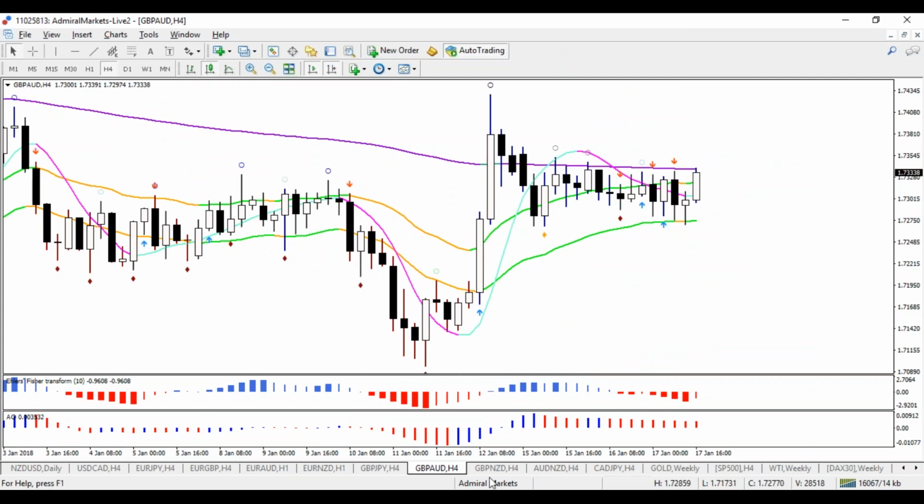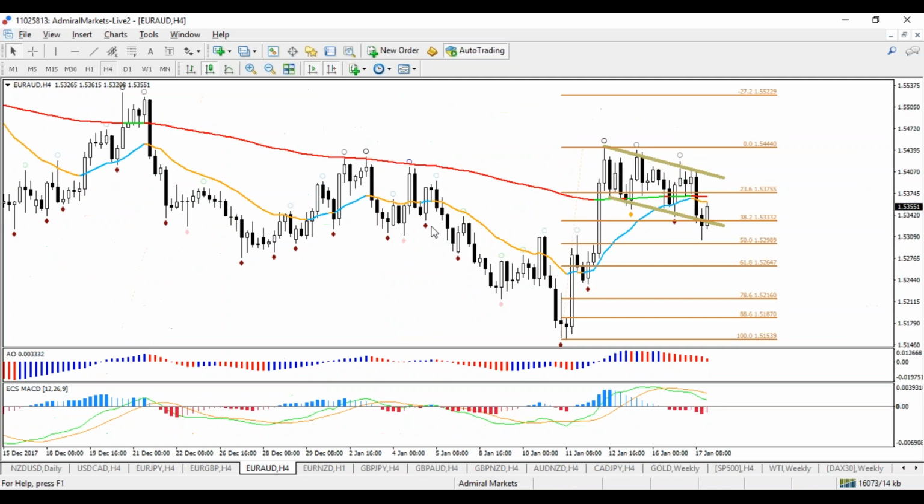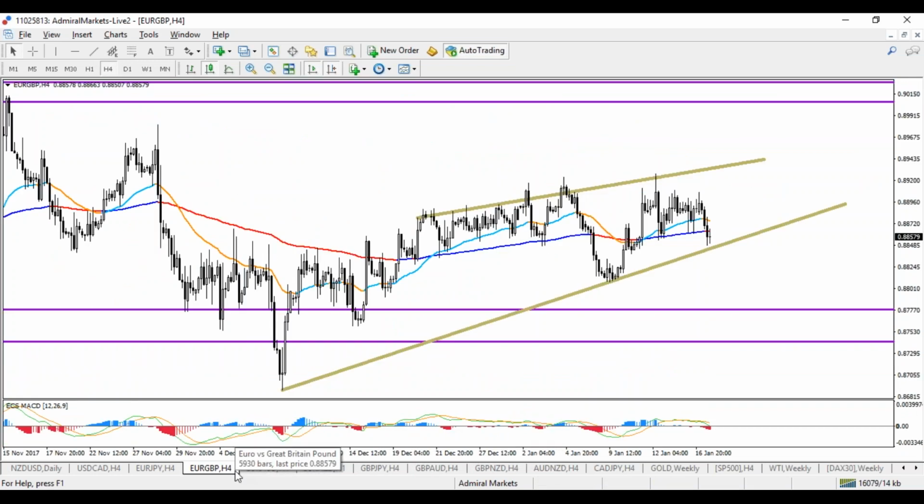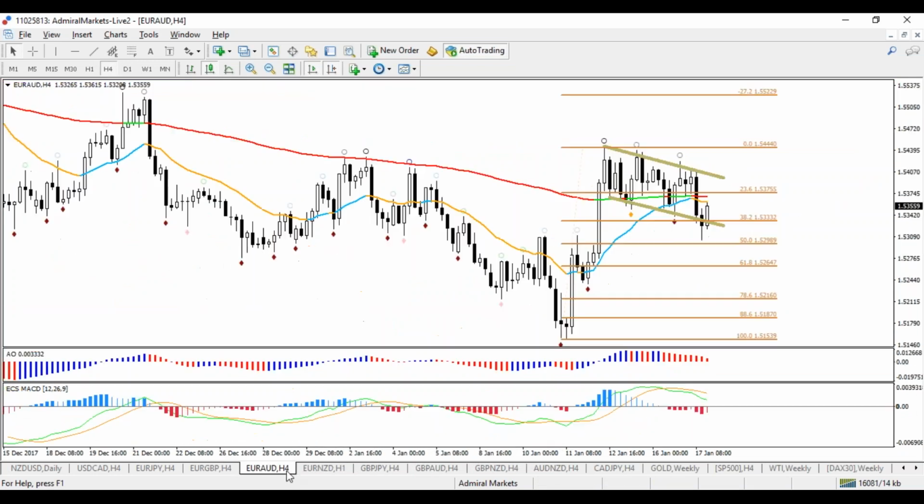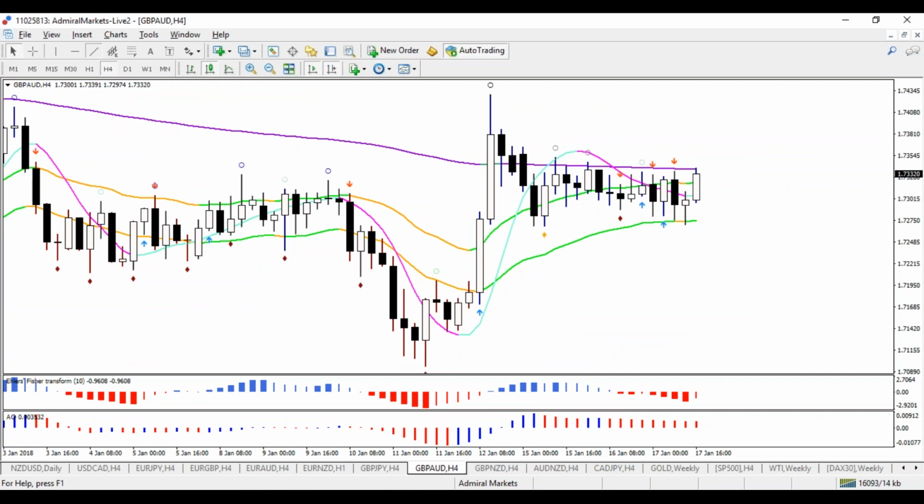That does make me a little bit worried about my analysis on the euro odd, because when we take a look at the euro pound, it is moving lower. I still think a break of the flag is better on the euro odd, but the pound odd looks like it's just ready to break sooner.